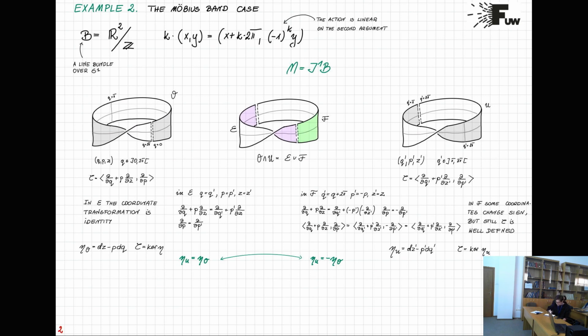However, when we try to do the same as previously, express this distribution in terms of some forms, which people usually do, because it is a practical rule that working with forms is easier than working with something not that tangible as the distribution, then we see that it is impossible to do it globally.